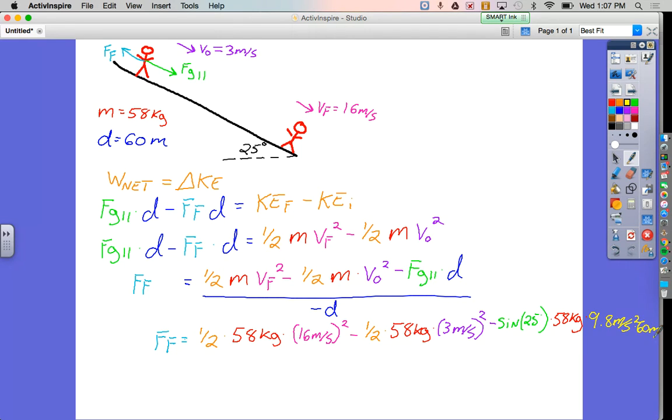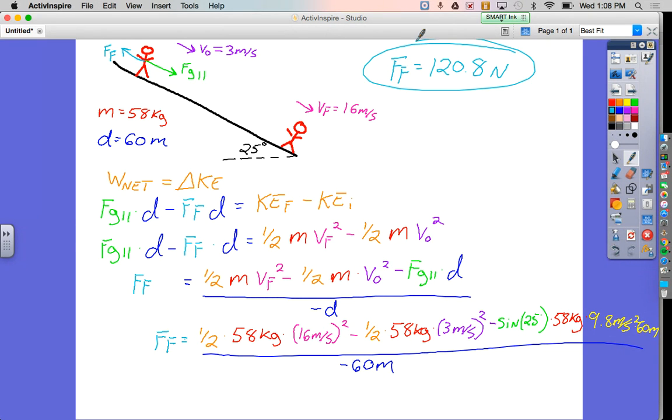And we're going to divide all of that by negative 60 meters. When I plug all of that into my calculator, what I end up with is an answer that the force of friction has got to be 120.8 newtons.